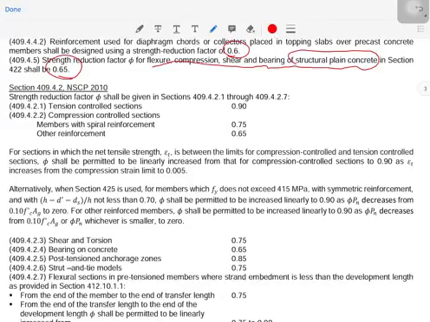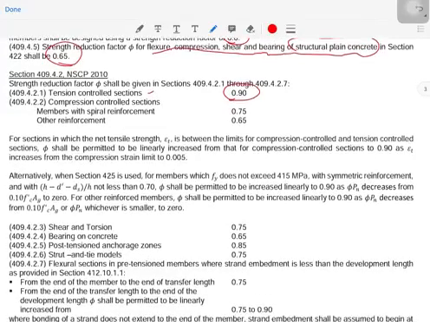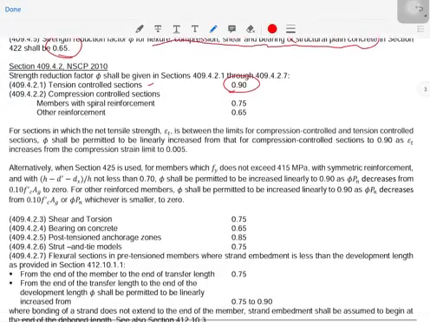Okay, so for 2010, the strength reduction factor for tension controlled sections, so you will know later what a tension controlled section is, is 0.9. Then for compression controlled sections, meaning columns, if spiral, that is 0.75.